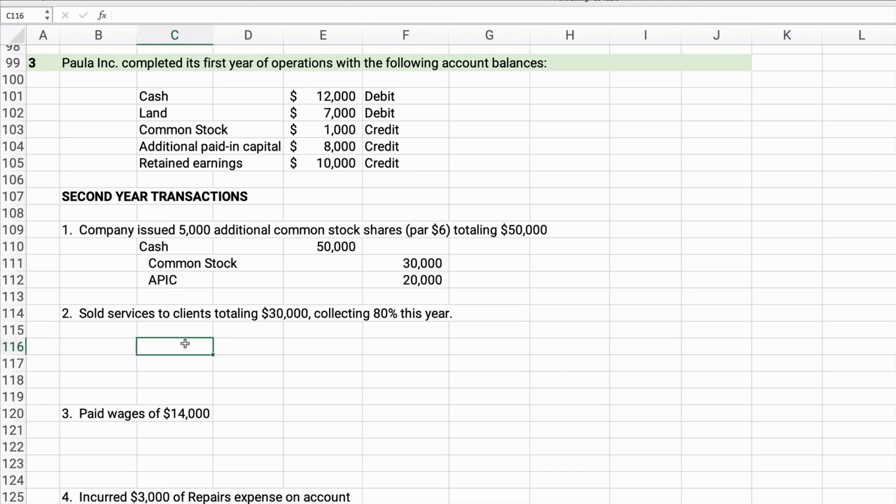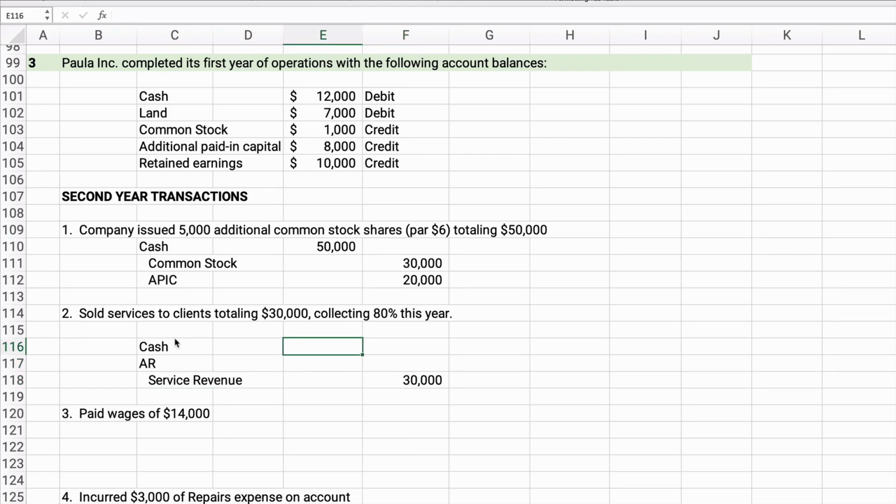The next one, we sold services to clients totaling $30,000, collecting 80% this year. Similar problem to what we had before. So we're going to debit cash, we're going to debit accounts receivable, and we're going to credit service revenue. Our service revenue is the $30,000.